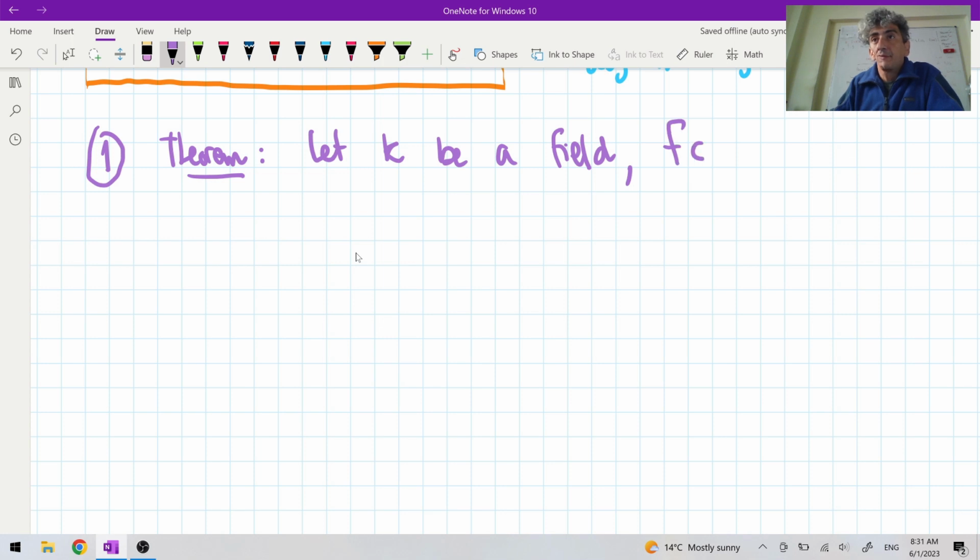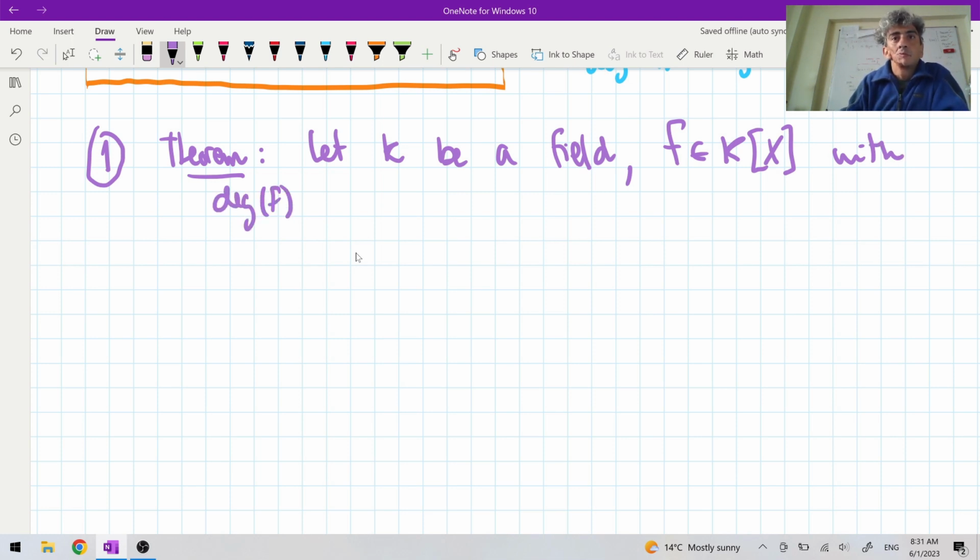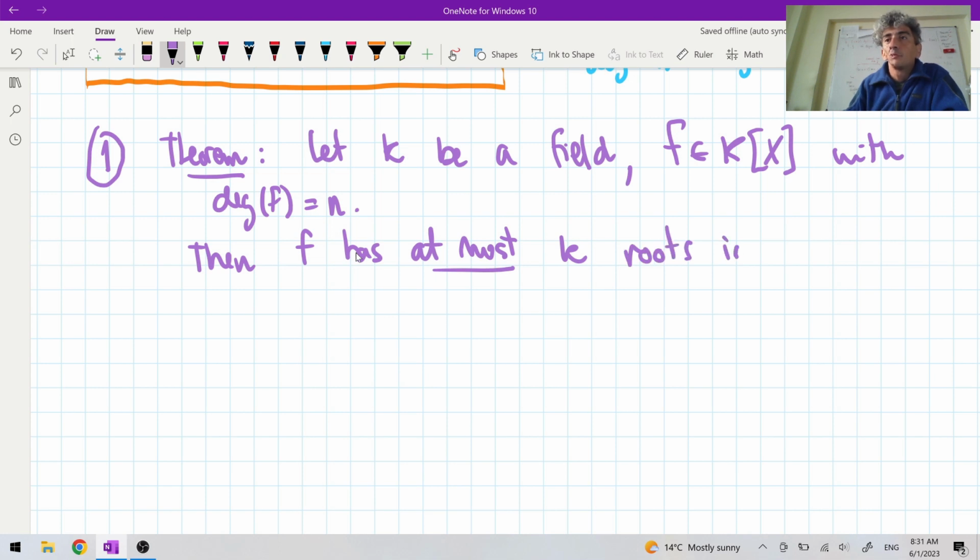And f belonging to K of x with degree n. Then f has at most n roots in K. So a polynomial of degree n has at most n roots in its base field.